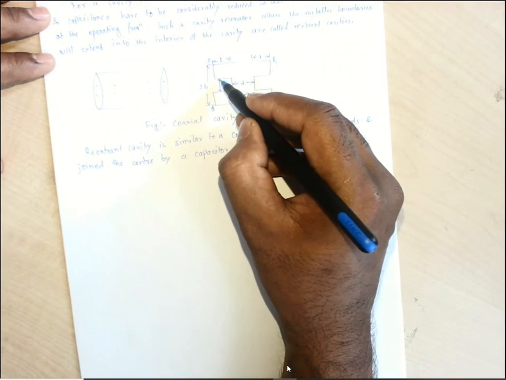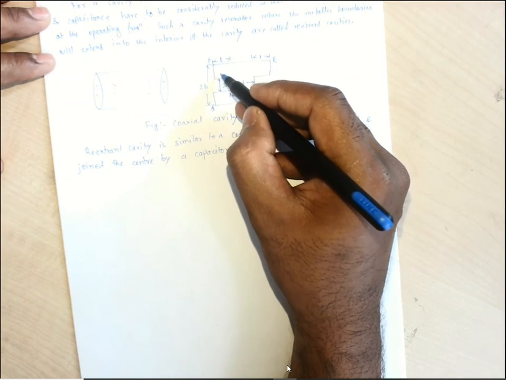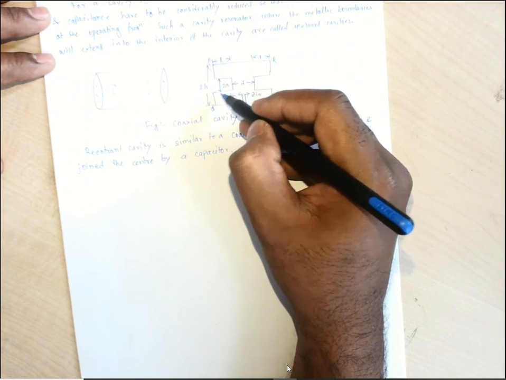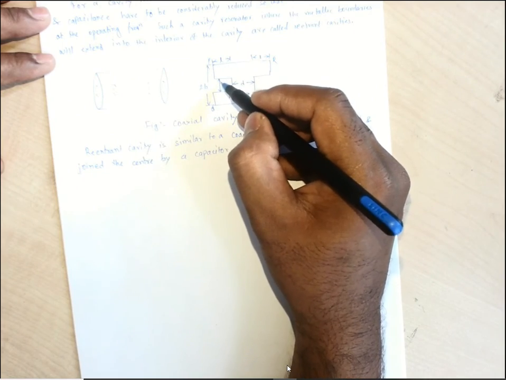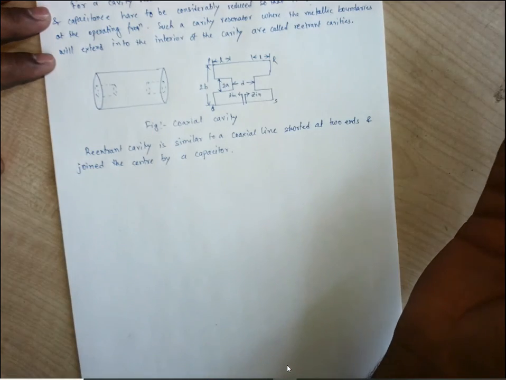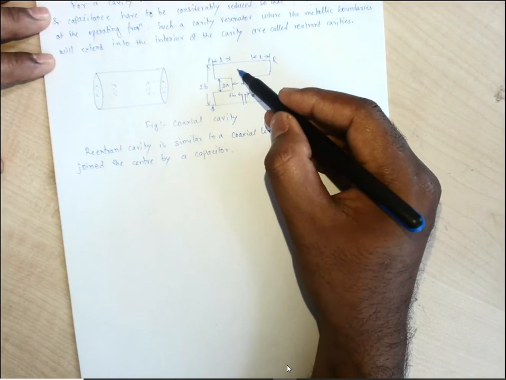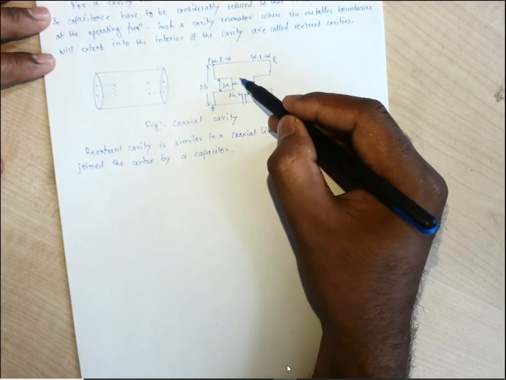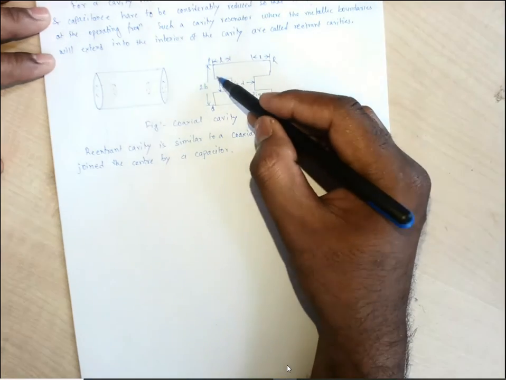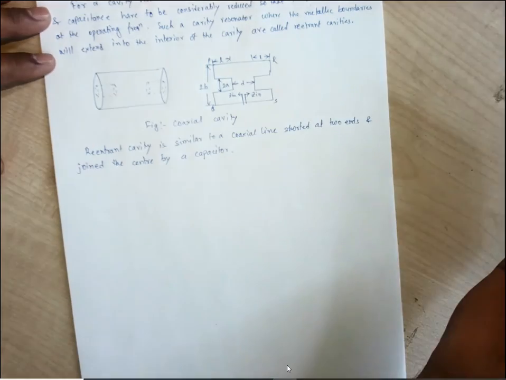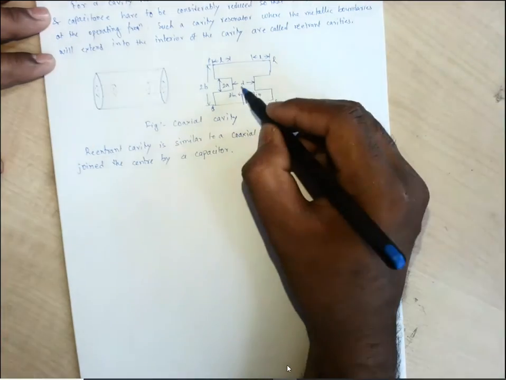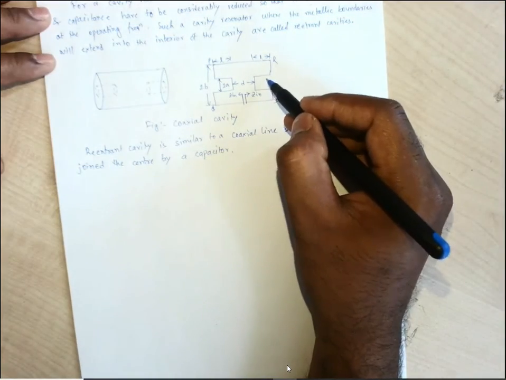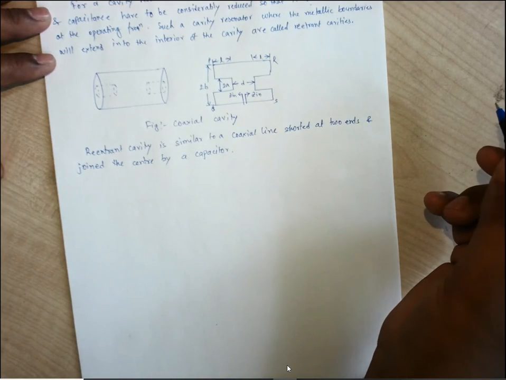So this is the capacitor action. This one plate and this one plate are separated by some dielectric. So this dielectric may be air or some other dielectric material as well. So this line as well as this line is joined by this metallic portion, and at the two ends they have been connected by a capacitor. At the center they have been shorted, but at this end and this end they have been connected by the capacitor. Okay.